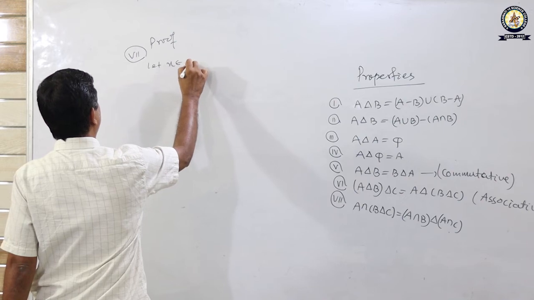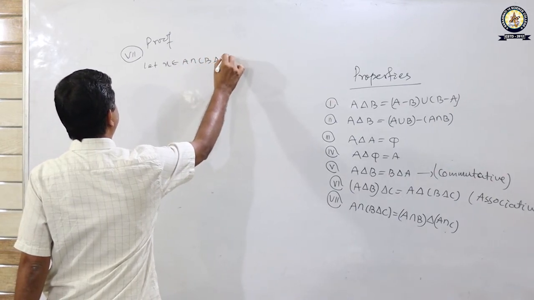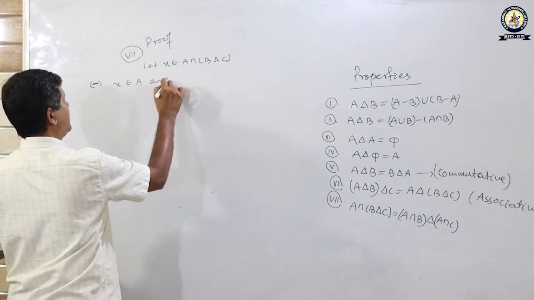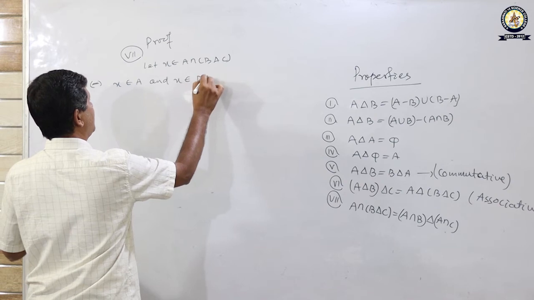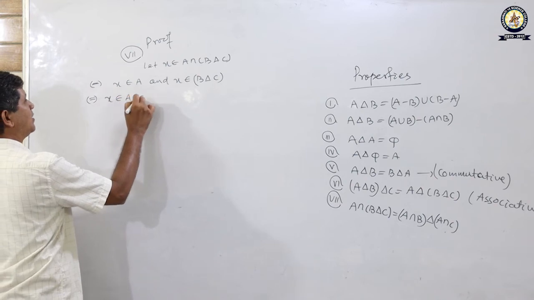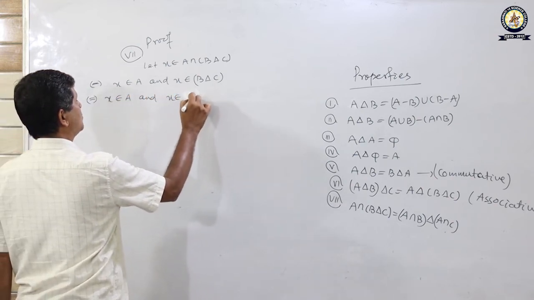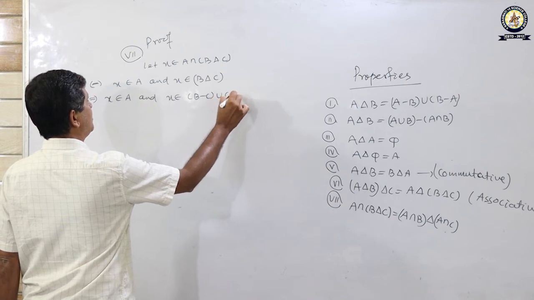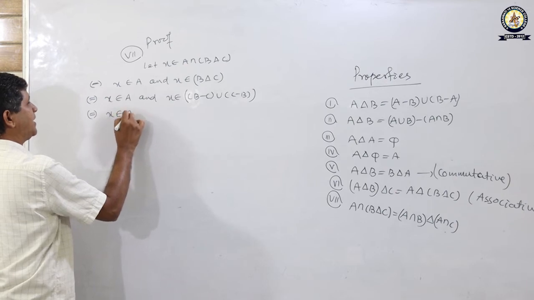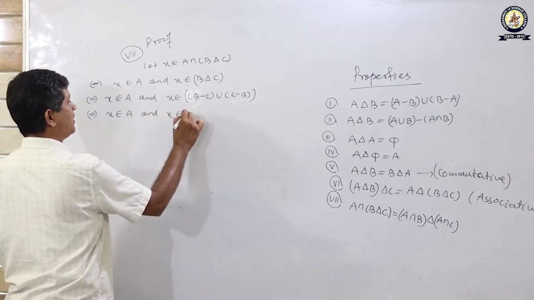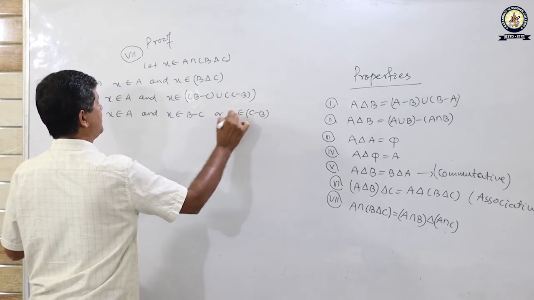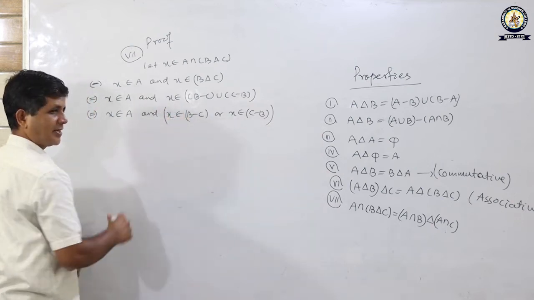Let X belongs to A intersection B del C. Implies and implied by X belongs to A and X belongs to B del C. Implies and implied by X belongs to A and X belongs to B difference C union C difference B. Implies and implied by X belongs to A and X belongs to B difference C, or X belongs to C difference B. Right?